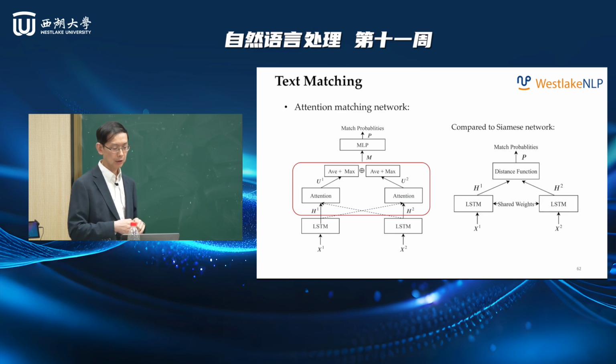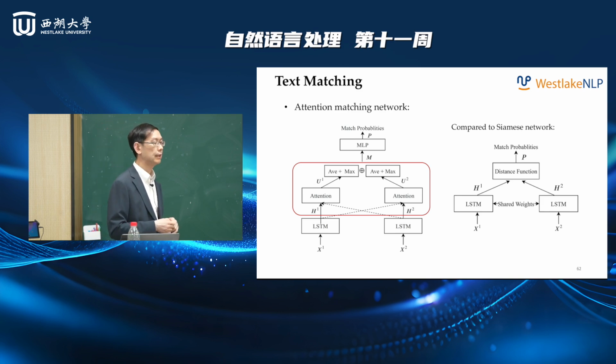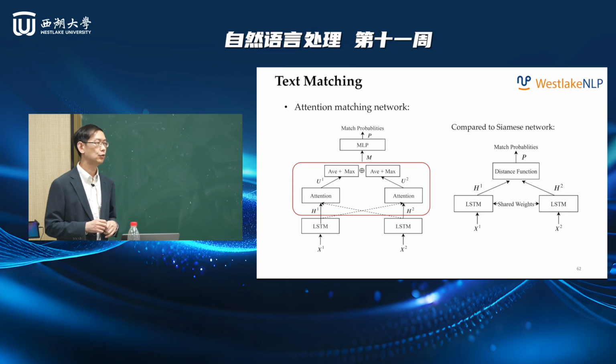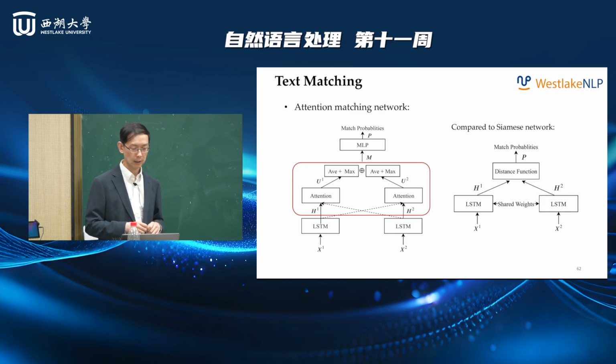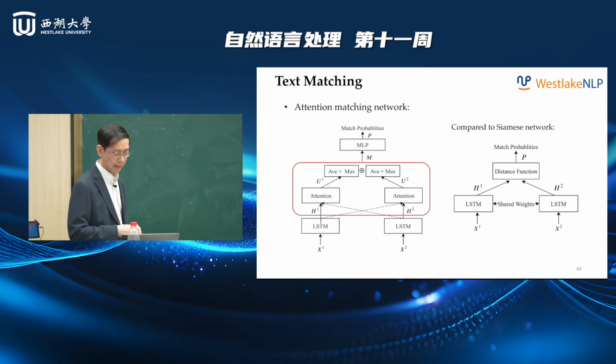And we can actually use a neural network, an attentional neural network, to do the matching. Okay? So this neural network turns out to be very useful also for sequence generation, as I will show you next week. So if you compare the attention matching network with the Siamese network, you can see that one more component is added.